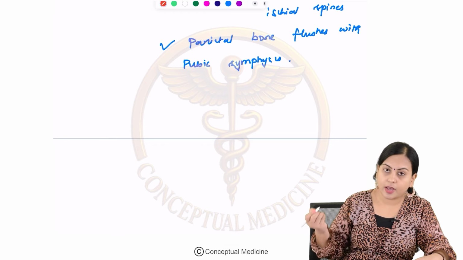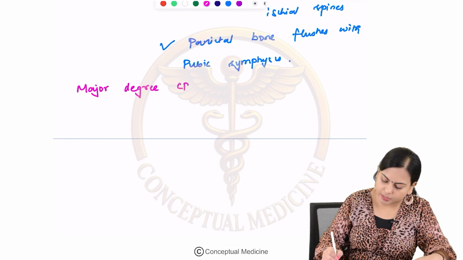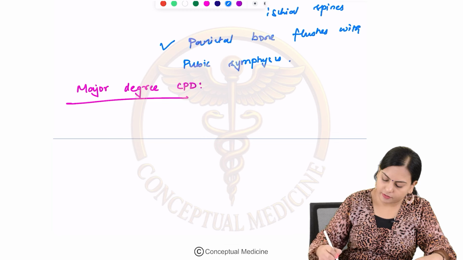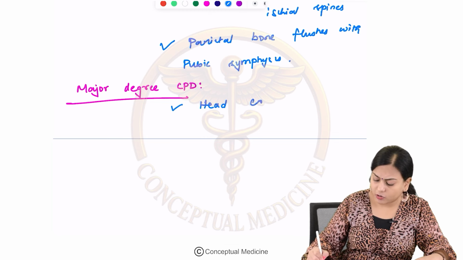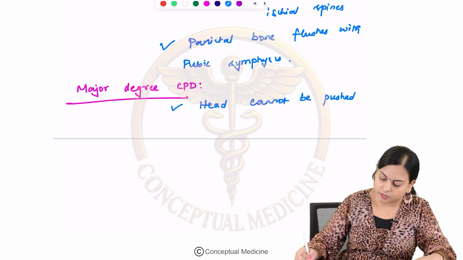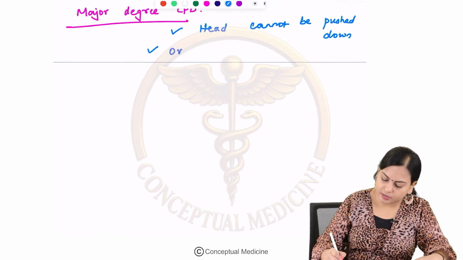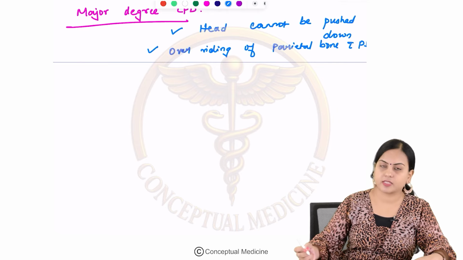And then you have major degree of CPD. Major degree CPD means that the head cannot be pushed down, and there will be overriding of the parietal bone with the pubic symphysis.